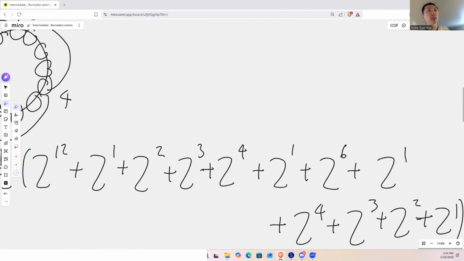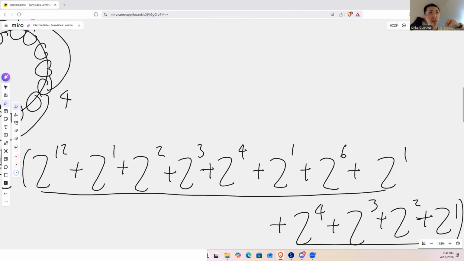One thing that's interesting about Burnside's lemma is that this is an integer. If we compute this and it's not, then we've done something wrong.